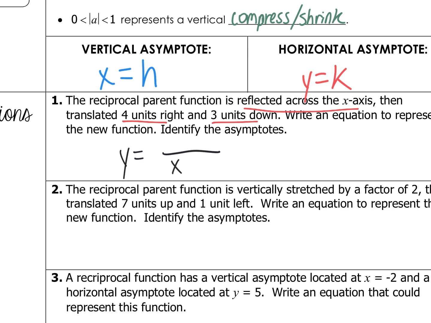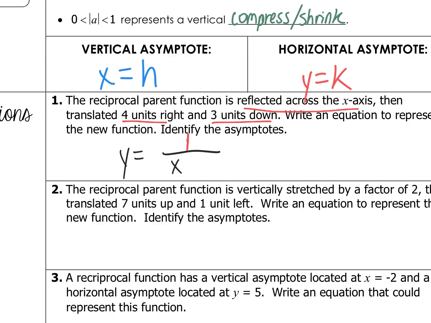Let's start with A. What number is A going to be? 1, because it doesn't tell me to stretch or shrink. So it's a 1. What else does it tell me?